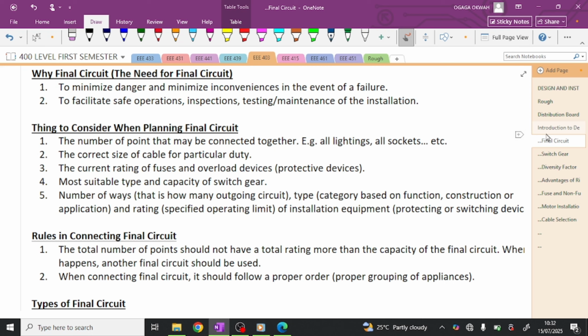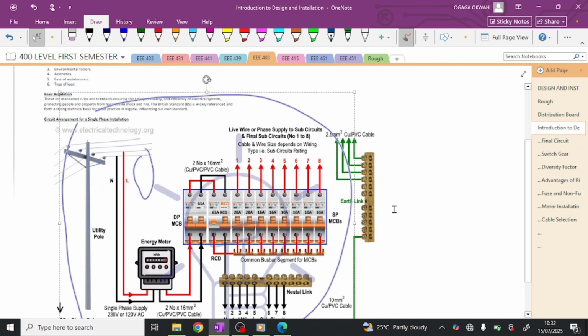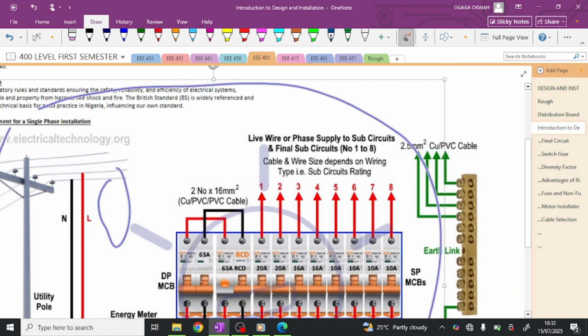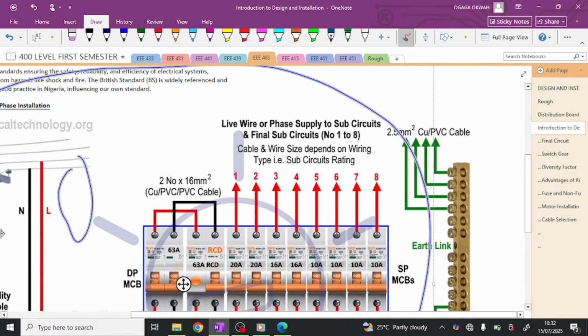Back to our friendly diagram. I said in the previous video that I got this picture from this website here, an amazing website. What is the meaning of that rule? Now let's take one line. Looking at this line, what is the current rating here? 20.